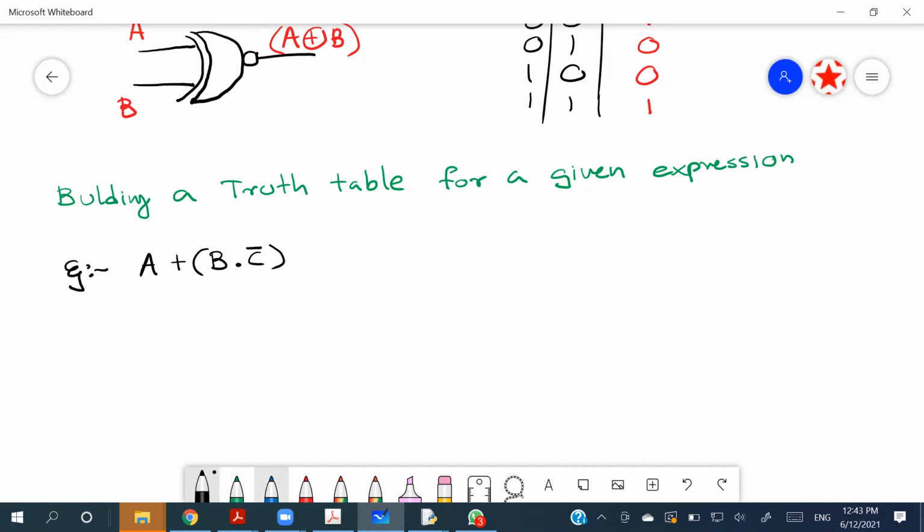So the first task then is to determine the number of inputs, right?